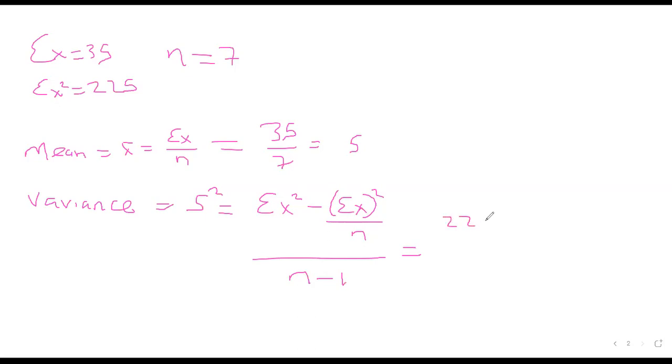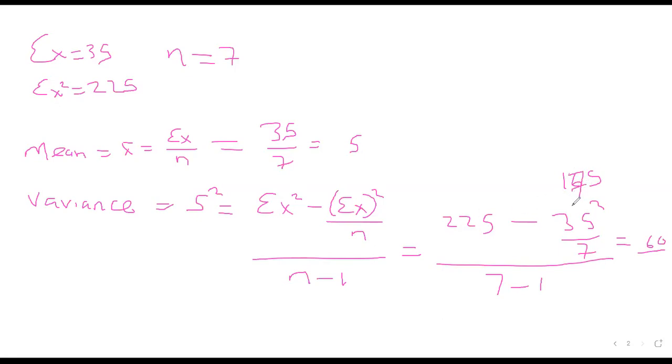So here we have 225 minus 35 squared divided by 7, everything over 7 minus 1. 35 squared is 1225, divided by 7 is 175.